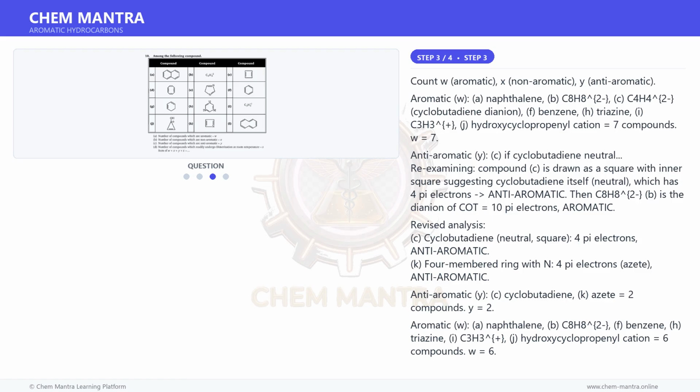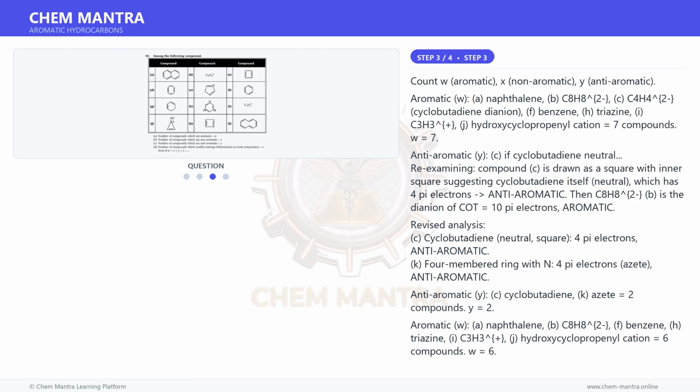Aromatic, W: A, naphthalene, B, C8H8 2-, F, benzene, H, triazine, I, C3H3+, J, hydroxycyclopropenyl cation equals 6 compounds. W equals 6. Non-aromatic: D, COT, E, imidazoline, G, cyclohexene, L, 1,2-dihydronaphthalene equals 4 compounds.